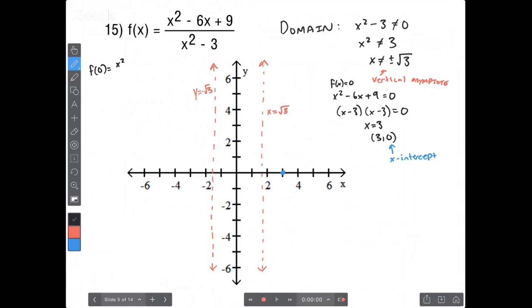Well, 0 squared minus 6 times 0 plus 9 over 0 squared minus 3. 0 squared is 0, minus 6 times 0 is 0, so I've got 9 over negative 3, which is negative 3. So I've got a y-intercept down here at negative 3. So I had (3, 0) and (0, negative 3).